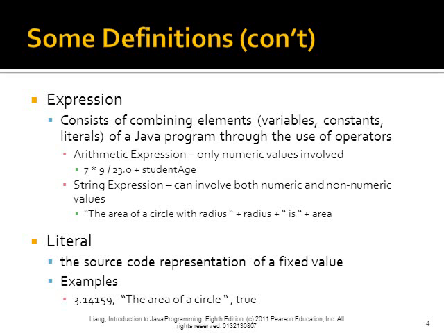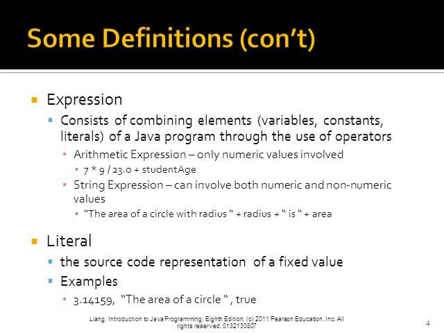Some more definitions. An expression. We can combine different variables and constants and literals in our Java program through the use of operators. And the thing to remember about an expression is that an expression evaluates or produces a single value of some sort.